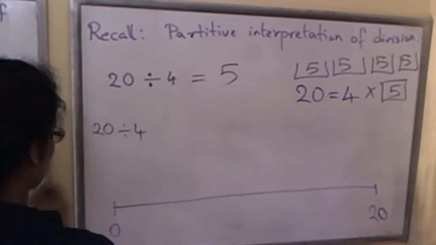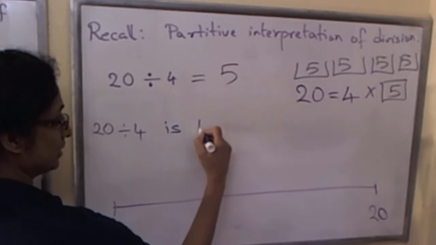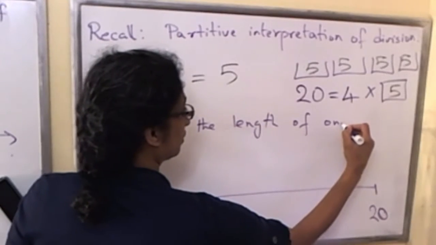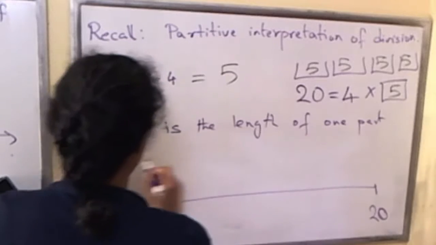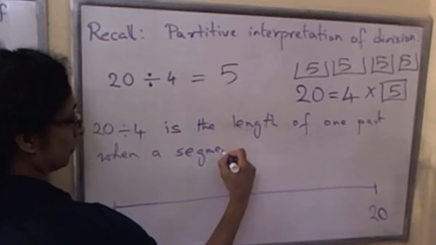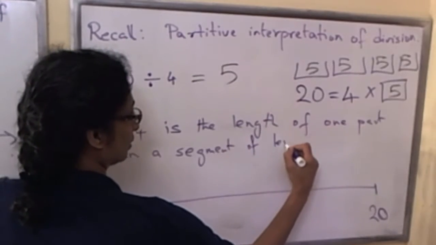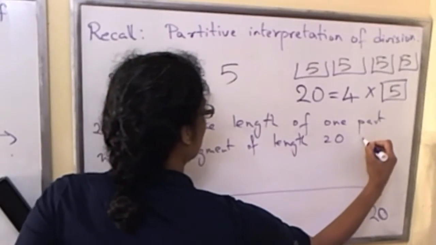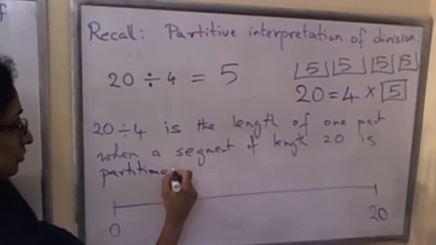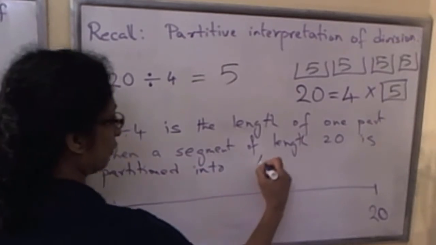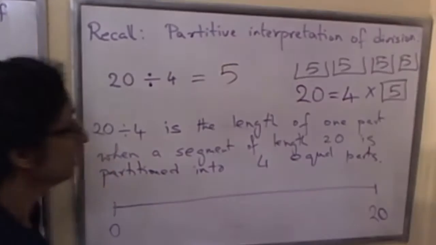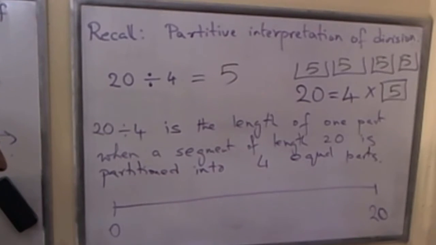So I'll write this as the definition: 20 divided by 4 is the length of one part when a segment of length 20 is partitioned into 4 equal parts.